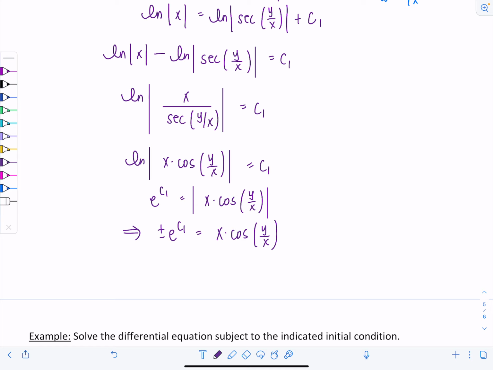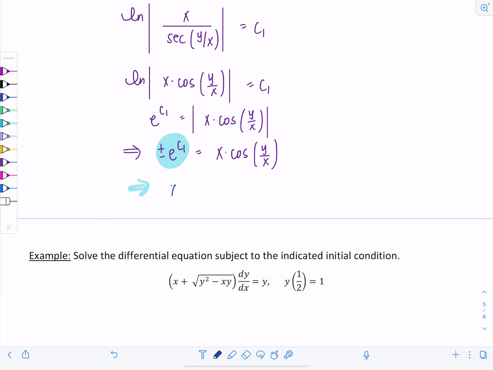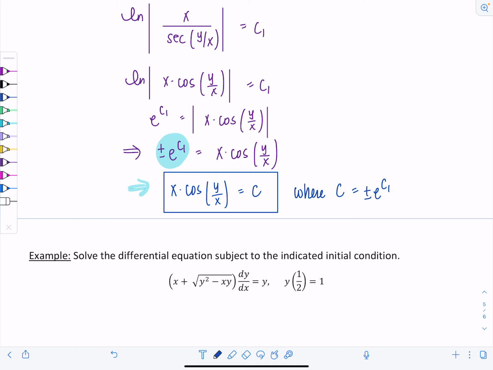So let's just call this some new constant c, okay? And then we can write our final solution as follows. So we have x times cosine of y over x equals c. And then if you want to specify for anyone, you would say where c is equal to plus or minus e to the c1.